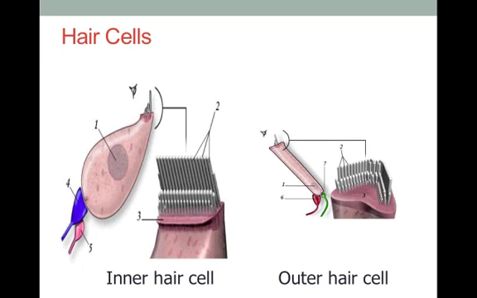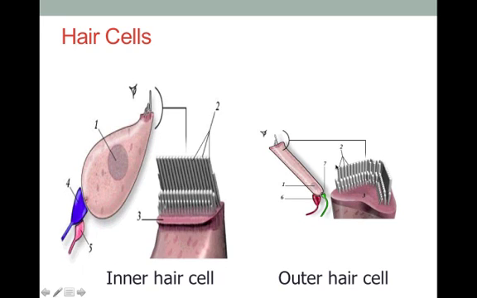Also, there's a difference between the organization of the stereocilia that sit on the top of the hair cells for the inner and the outer hair cells. The inner hair cell stereocilia are in a single row, while those of the outer hair cells are actually V or W shaped in some cases.